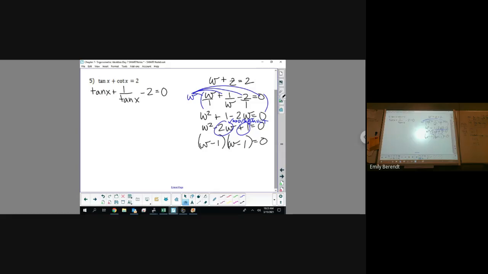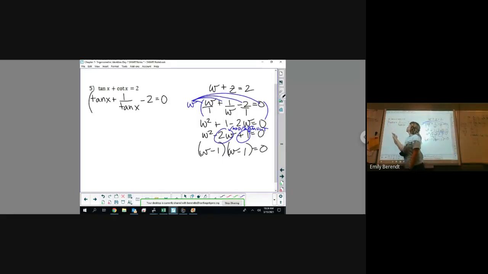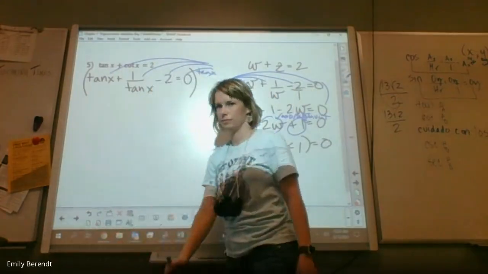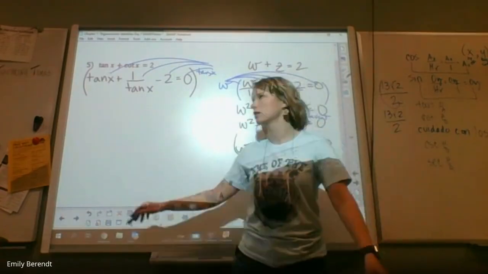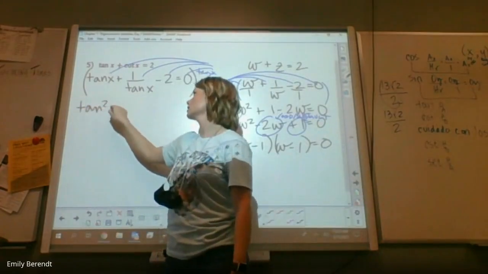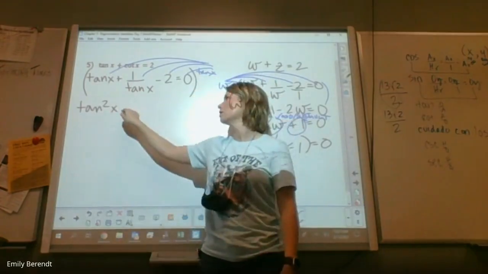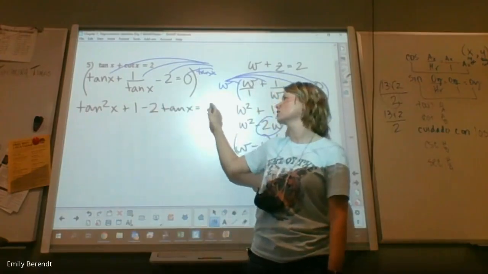Sounds so fancy. All right, so if you go back over to tangent of x plus 1 over tangent of x minus 2 equals 0, we're going to multiply through by the LCD of tangent of x. So tan x times tan x gives us tangent squared of x. 1 over tangent x times tangent x gives us plus 1, minus 2 tangent of x equals 0.